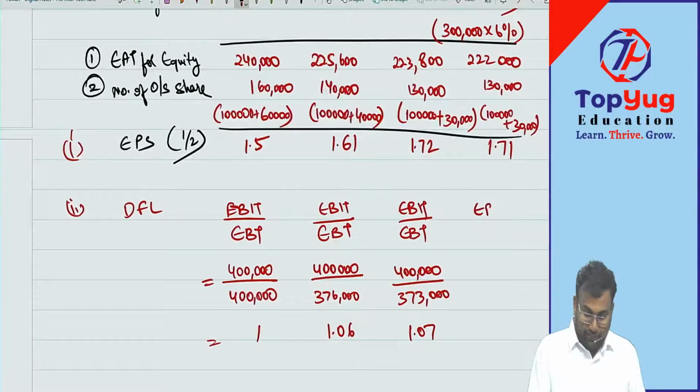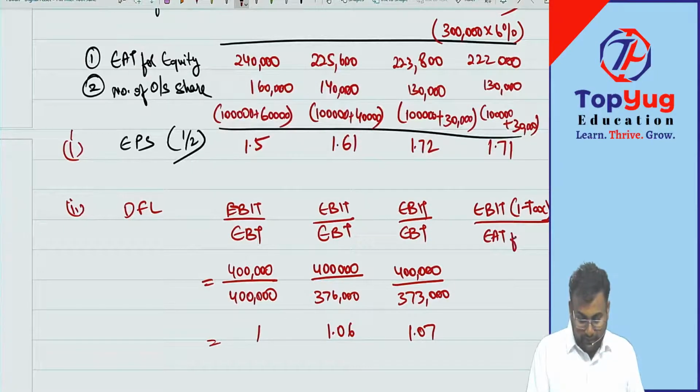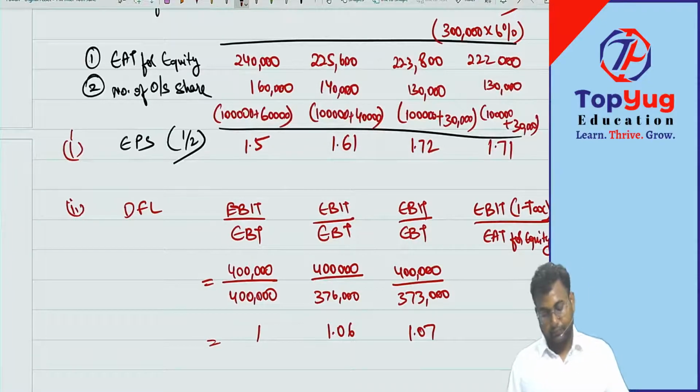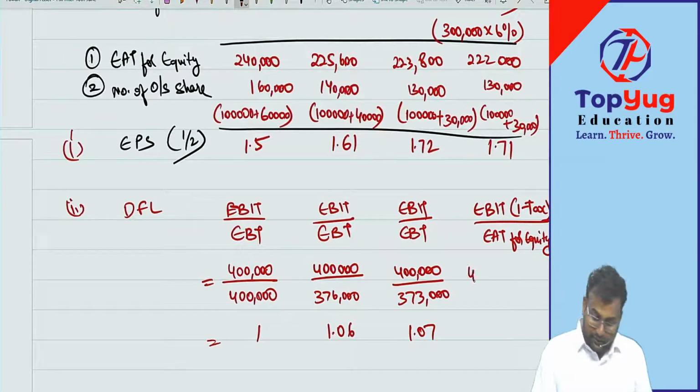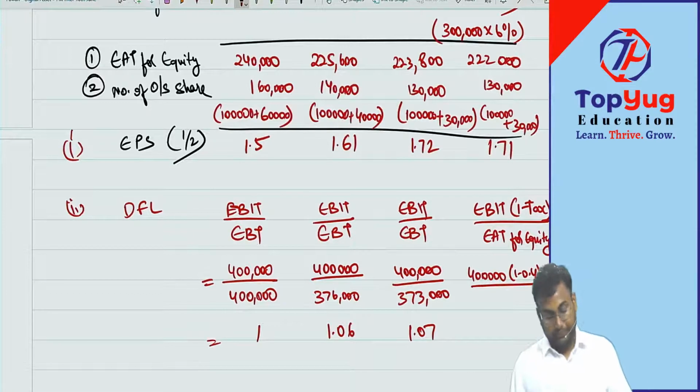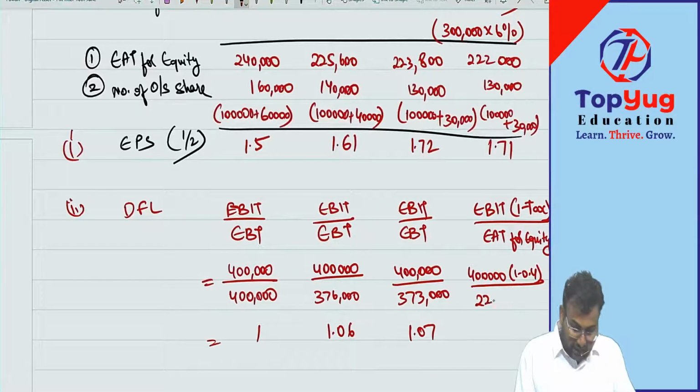Now the fourth one is important. EBIT into 1 minus tax divided by EAT for equity. That is 4 lakh into 1 minus 0.4 divided by 2 lakh 22,000.